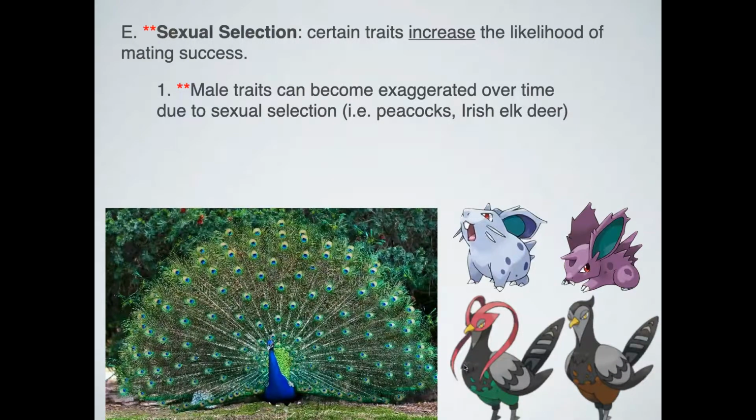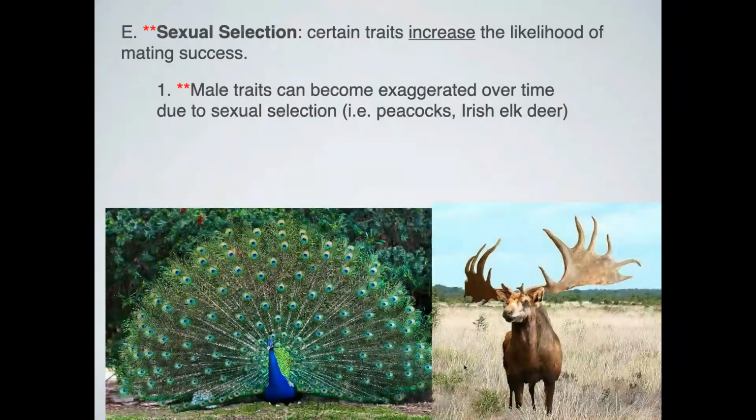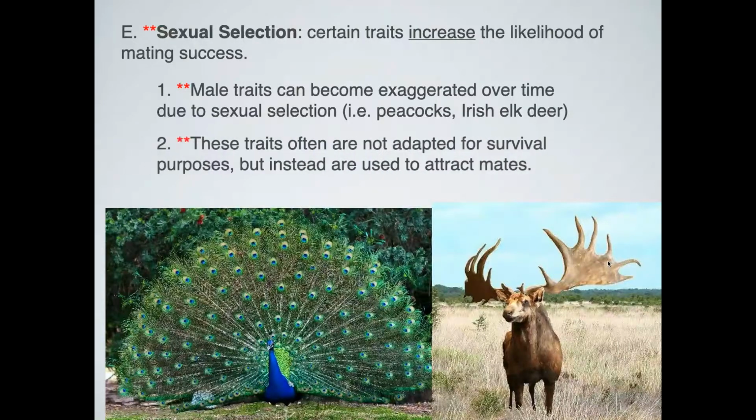It's for mating purposes. Irish elk deer had crazy huge horns that are so big that they have to rest their head against something. They can't even move very well. Again, these traits are more often than not really not adapted for survival purposes, but instead it's attracting mates.